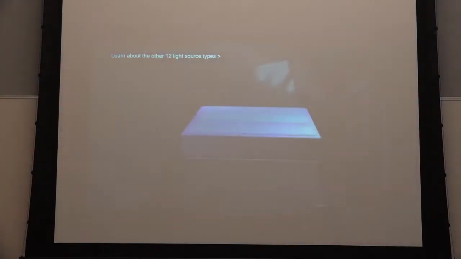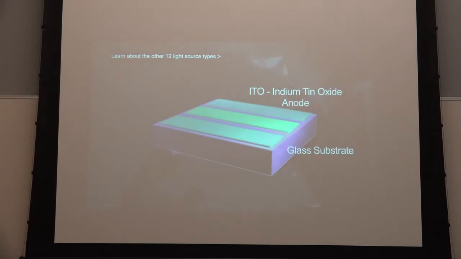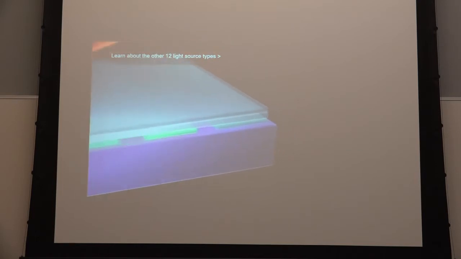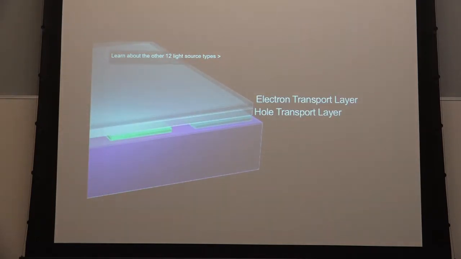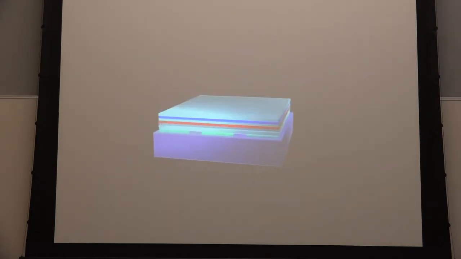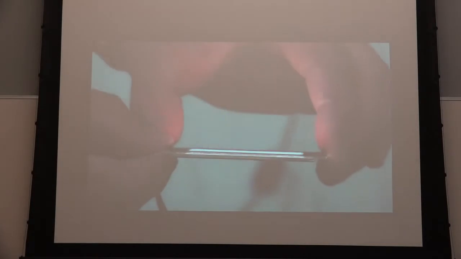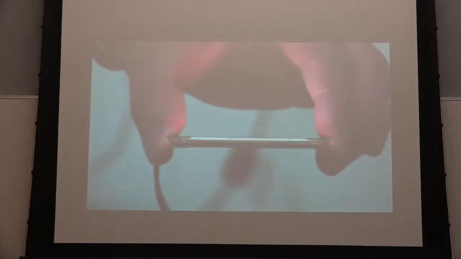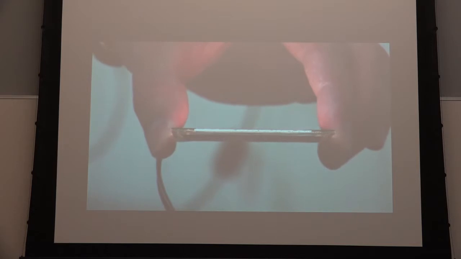That is sputtered onto the glass substrate as an ITO film. Then we form a stack of very thin organic material coatings, anywhere from 5 nanometers to about 200 nanometers thick, depending on your device construction. It can be anywhere from about 5 to 10 different coatings stacked on top of each other.